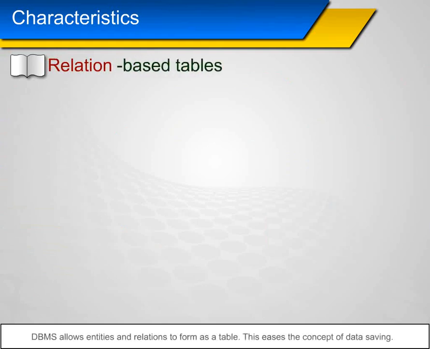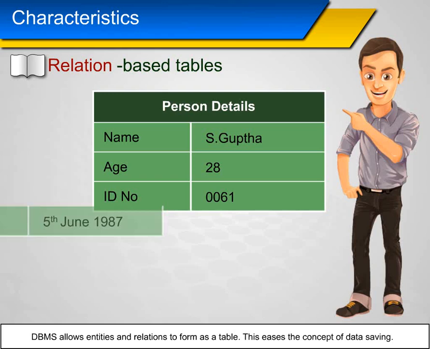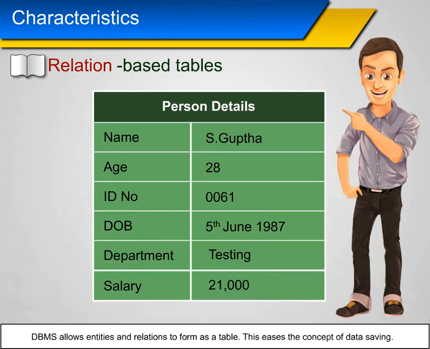Relation-based tables: DBMS allows entities and relations to form as a table. This eases the concept of data saving. Just by looking at table names, a user can understand the architecture of the database.